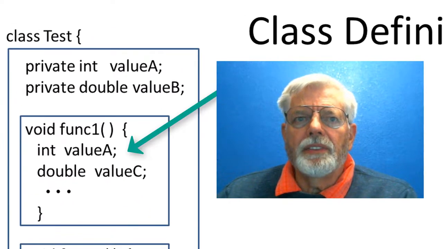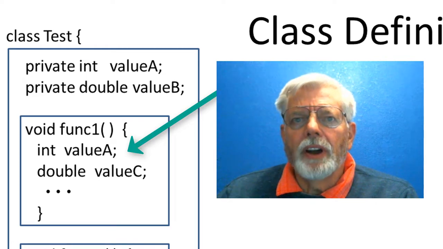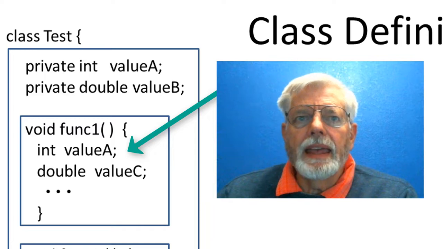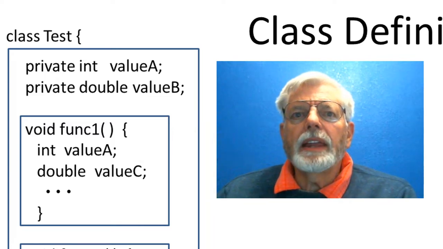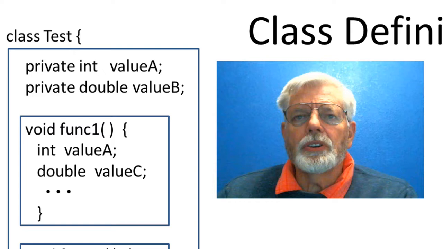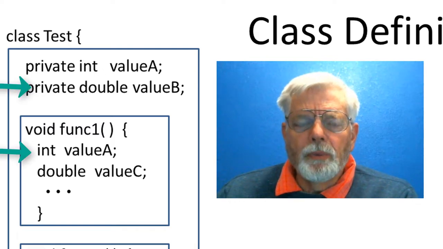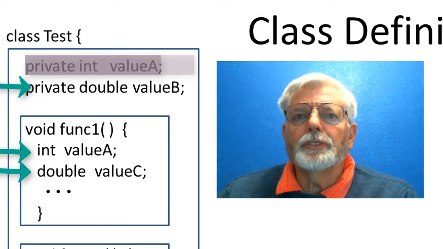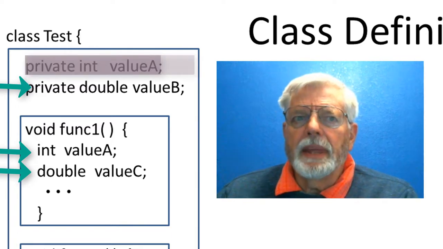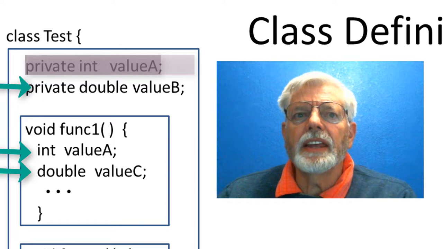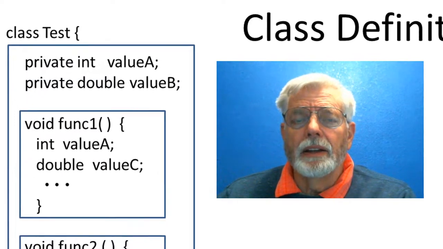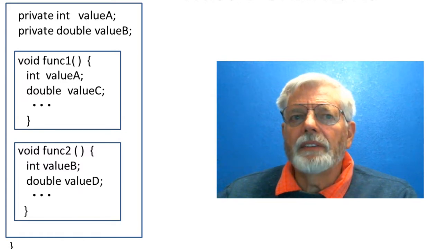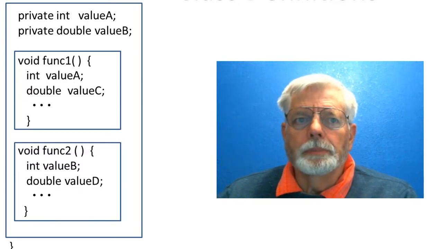Function scope identifies data defined within the function. For example, func1 defines its own versions of value A and value C. Func1 can access its own version of value A, the file scope version of value B, and its own value C. The file scope version of value A is said to be hidden from func1 because it has its own value A. Func1 is not able to see or access any of the local variables within func2.